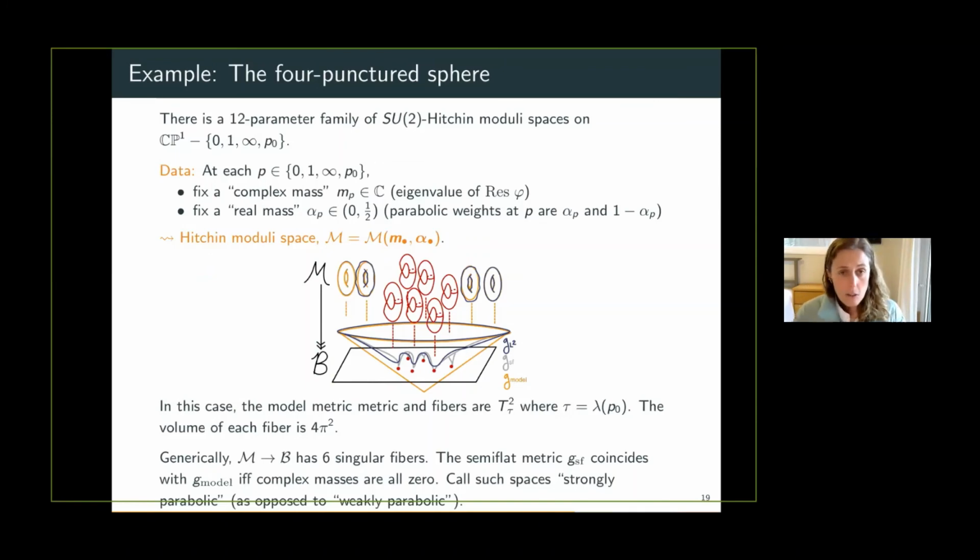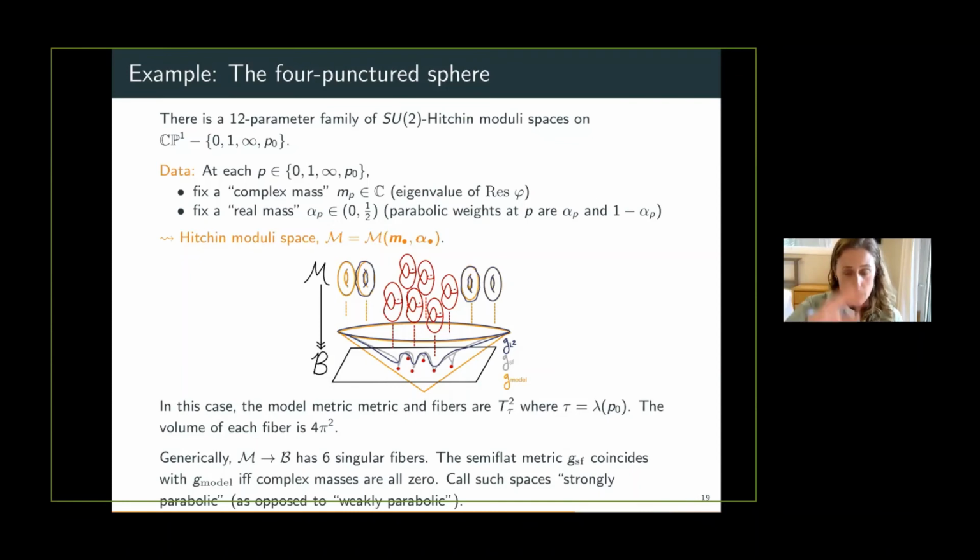So there's a 12 parameter family of SU2 Hitchin moduli spaces on CP1 minus 4 points. Things get a little more complicated when you introduce these divisors, because you have to fix 2 extra pieces of data. You need to fix something called the complex mass, which is the eigenvalue of the residue of the Higgs field.